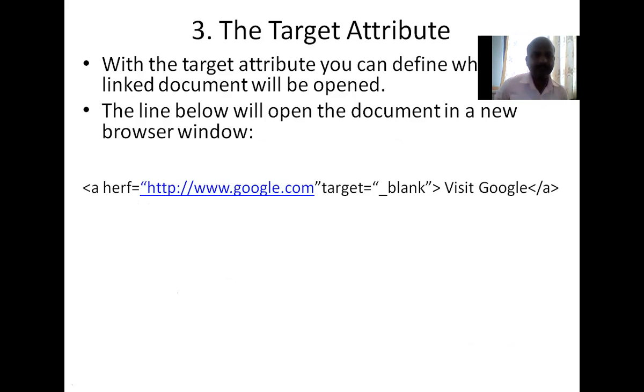Then the target attribute: with the target attribute you can define where the linked document will be opened. The line below opens the document in a new browser window. In this example, we have given href equal to google.com, target is _blank, and the text is visit Google.